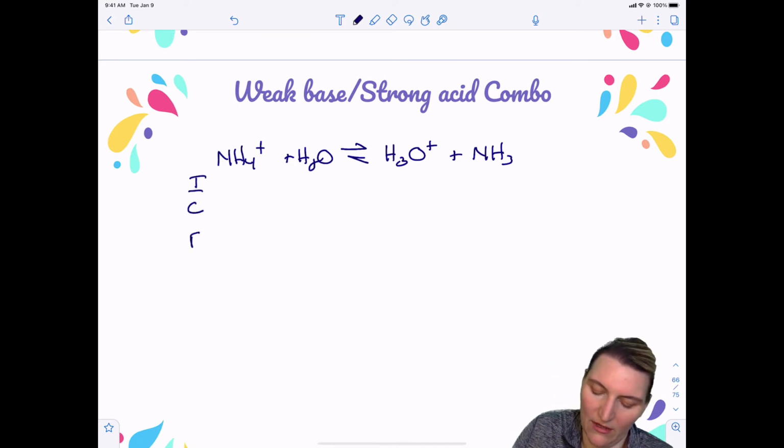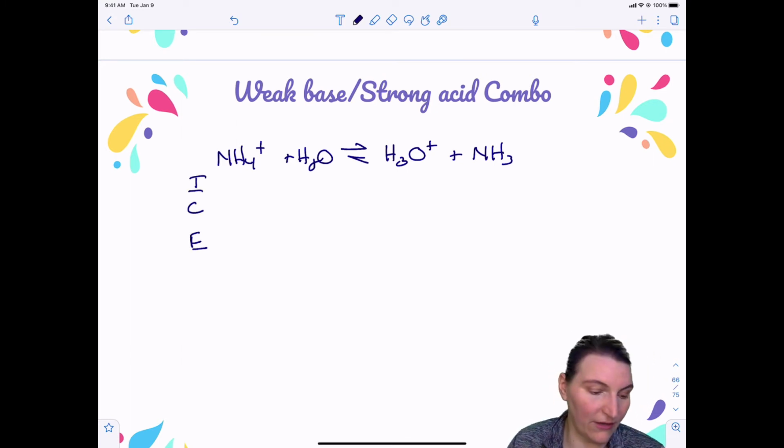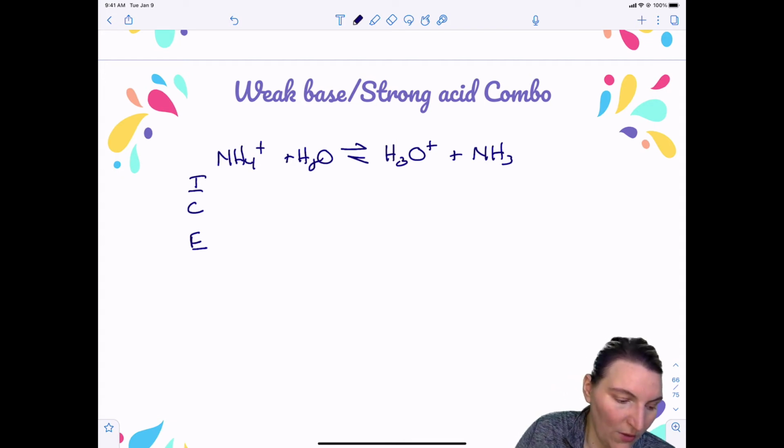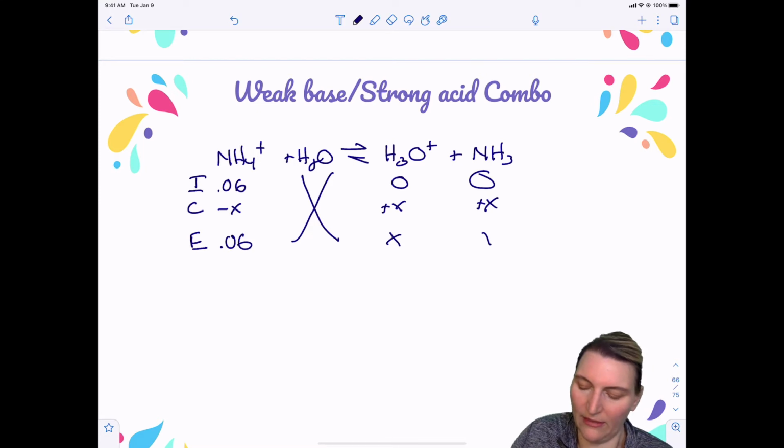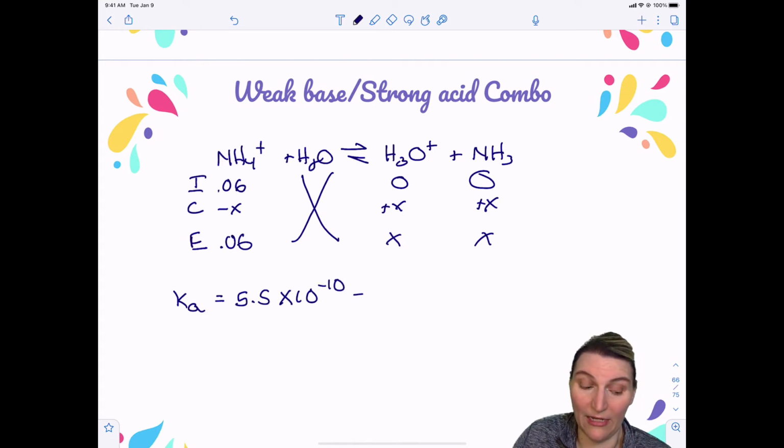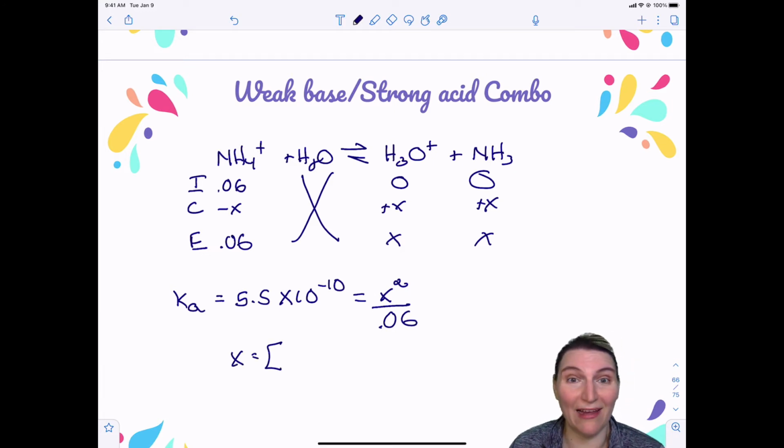The ICE chart there would be 0.06, 0 and 0, minus x, plus x, plus x. So 0.06, x and x. The Ka, which we figured was 5.5 times 10 to the negative 10, equals x squared over 0.06. And always remember, when you solve for x, I always double check what am I solving for here?